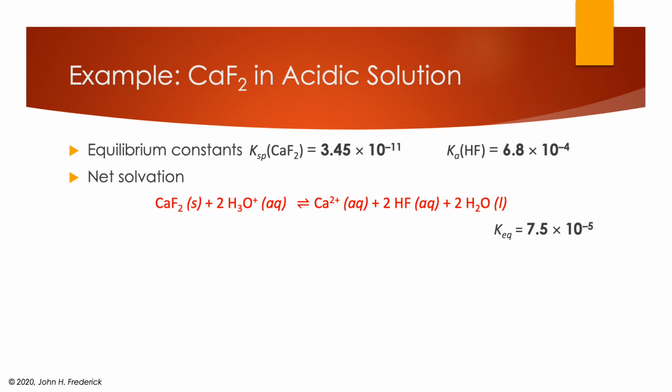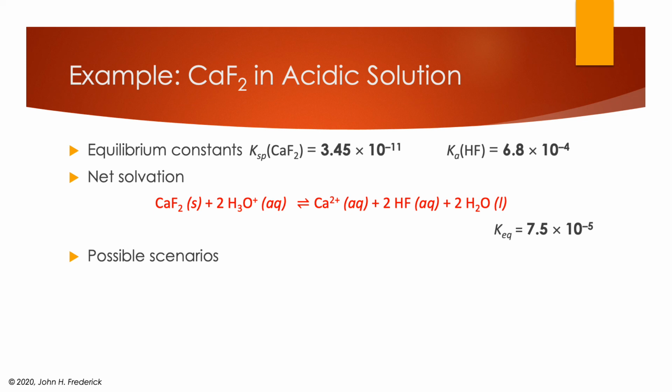And it turns out now that this has an equilibrium constant of 7.5 times 10 to the minus 5. So that's a lot better than 3.45 times 10 to the minus 11. So in effect, we have greatly increased the solubility of the calcium fluoride.